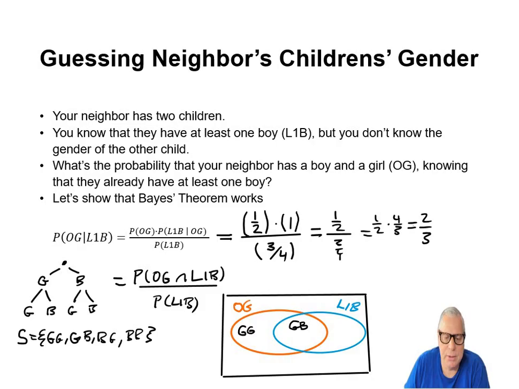And boy girl, same thing: we have at least one boy and the other is a girl. Boy girl. And at least one boy is BB, boy boy, but there the other one is not a girl, so that goes into here. Boy boy. Okay, so now we see that the intersection, the probability of the other being a girl and at least one boy, is those two out of the total of 4, so that's 1/2.